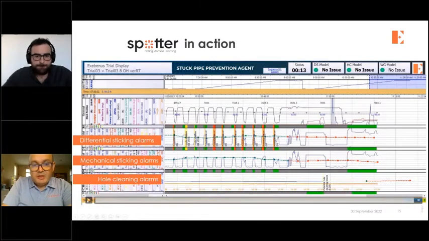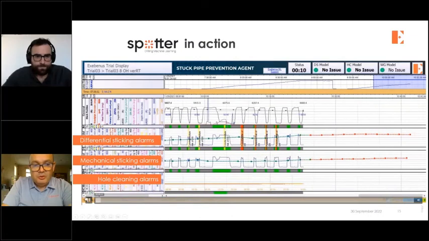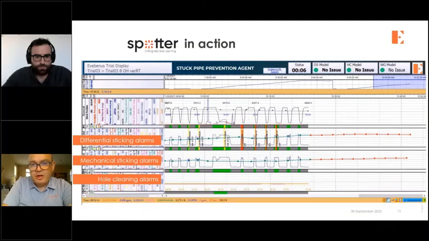If you count those early warnings, from here to the point where they got stuck, this is about 2.5 hours. So we can predict those incidents with sufficient time to take appropriate actions and mitigate these risks.